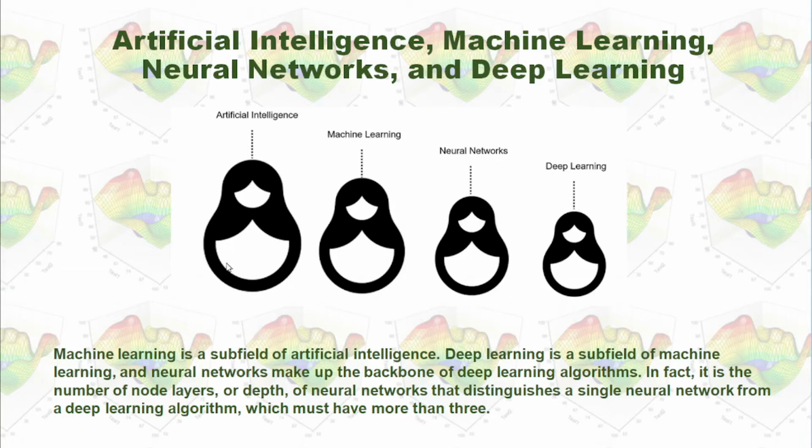So if you talk about artificial intelligence, that's a very broad area, and inside that area we have machine learning, and inside that one methodology is called neural networks. And as I mentioned, if you have at least 2 hidden layers in your neural networks, then it will become deep learning.